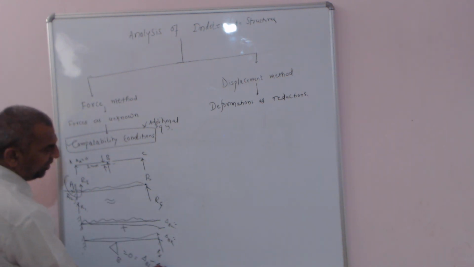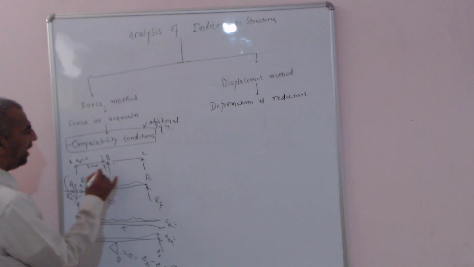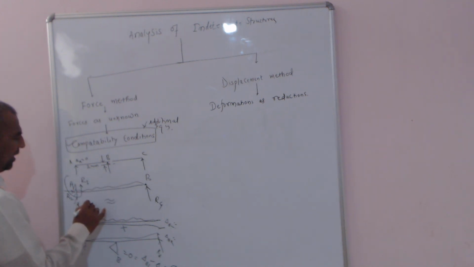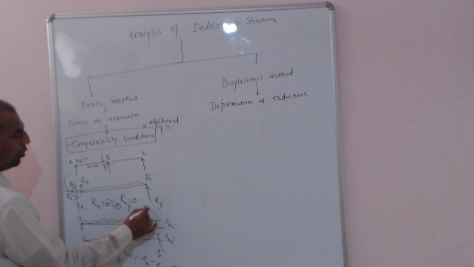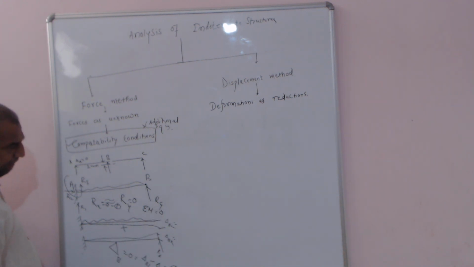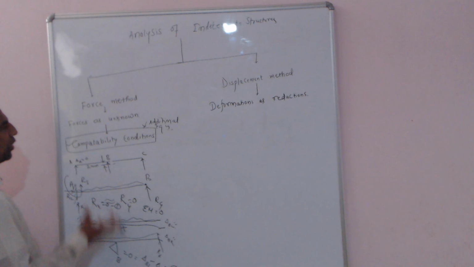Hence, this is the fourth equation. Already I am having the three equations: total of the forces in x direction equal to 0, total of the forces in y direction equal to 0, total of the moments about any point equal to 0. Right? So 1, 2, 3 and this is the fourth equation. Four equations, four unknowns.